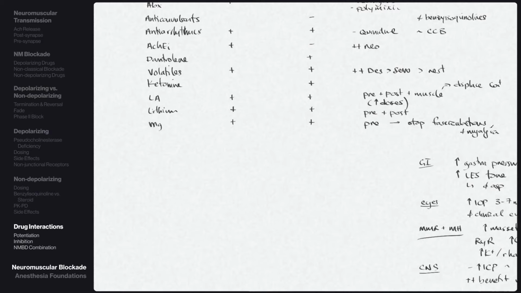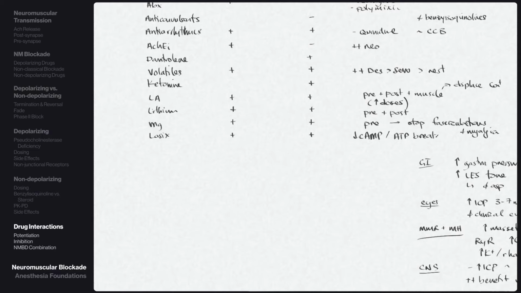The last medication we'll mention is Lasix. Lasix, as a diuretic, can increase or prolong depolarizing and non-depolarizing blockade, and this is due to potentially inhibiting or lowering cAMP and in turn ATP breakdown in the cell.